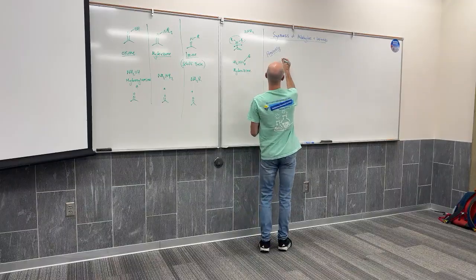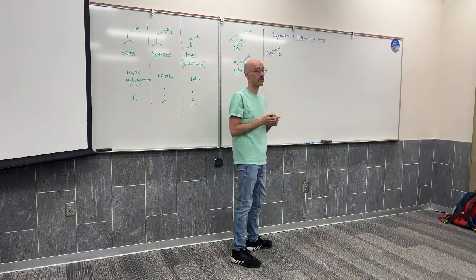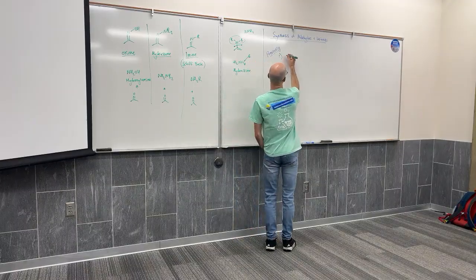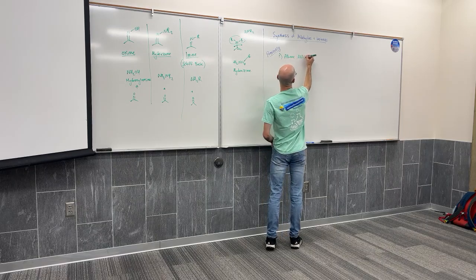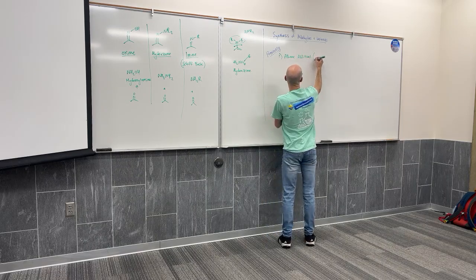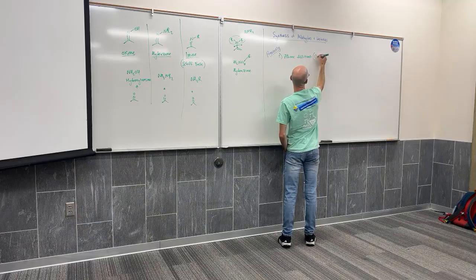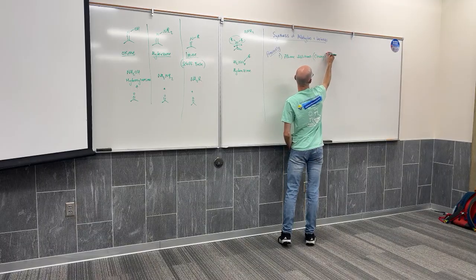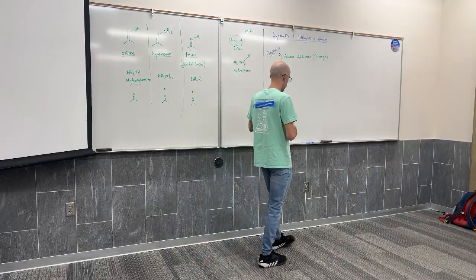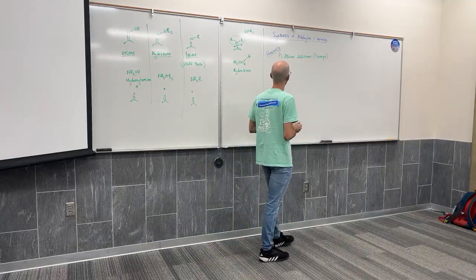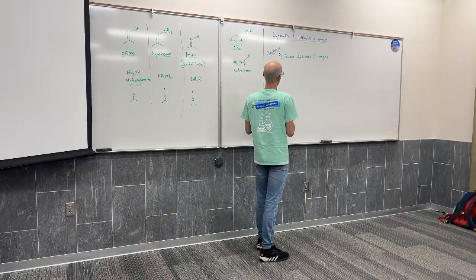So let's start as far back as we can go, which is alkene addition reactions. More specifically, or maybe a better way to say it, is alkene cleavage reactions. We saw that in the ozonolysis, we can form aldehydes and ketones.